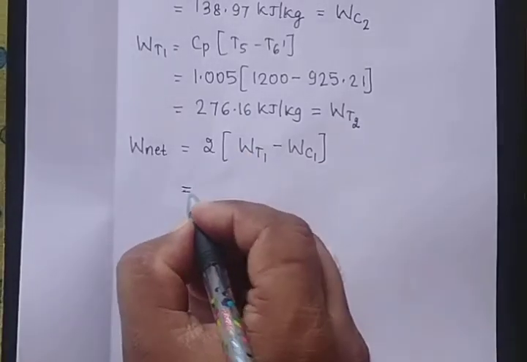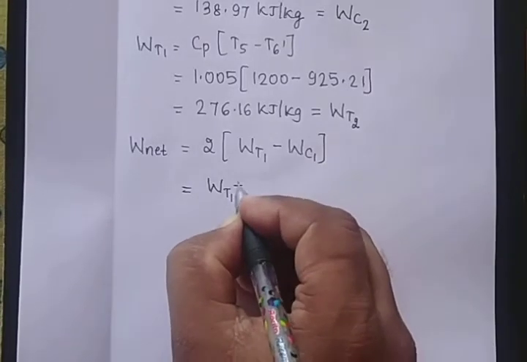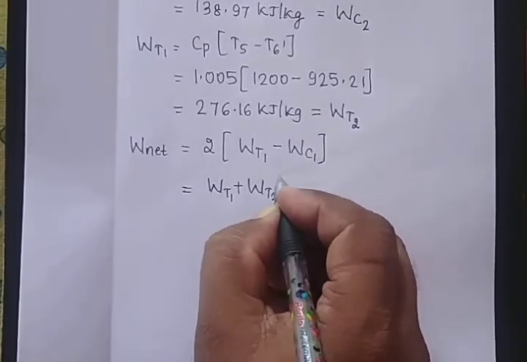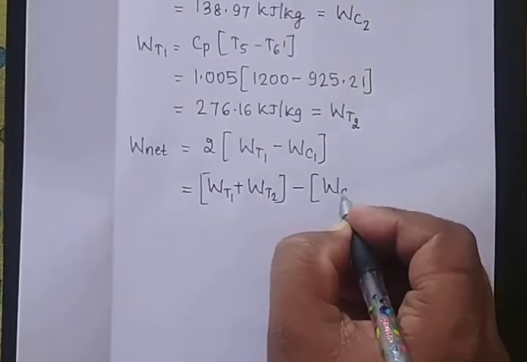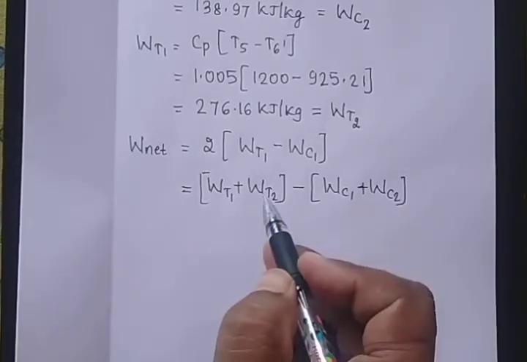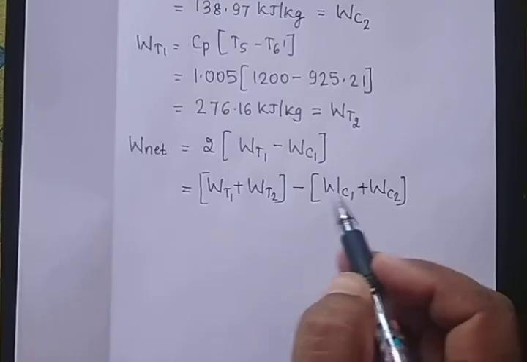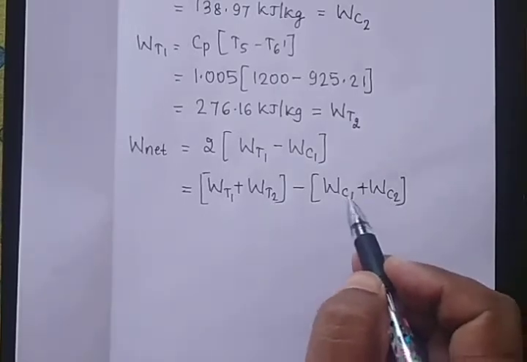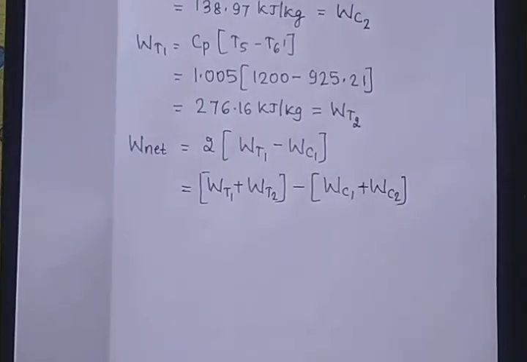This is nothing but, I will write the expansion of it, that is WT1 plus WT2 in one bracket minus of WC1 plus WC2. Since WT1 is same as WT2 and WC1 is same as WC2, so it becomes 2 times, so 2 is taken common and I have written it as WT1 minus WC1.